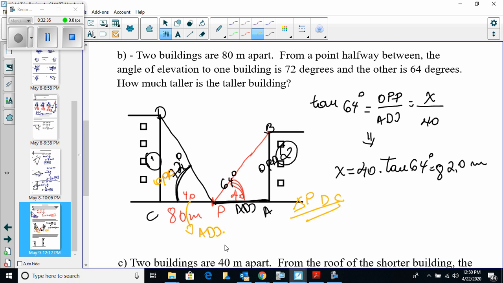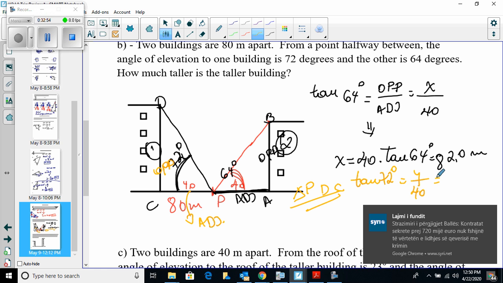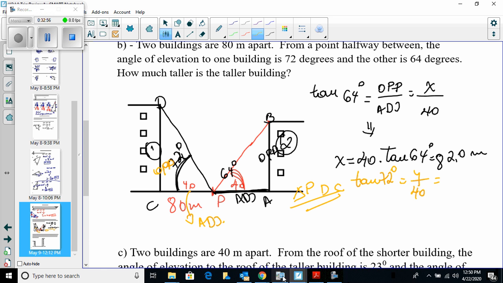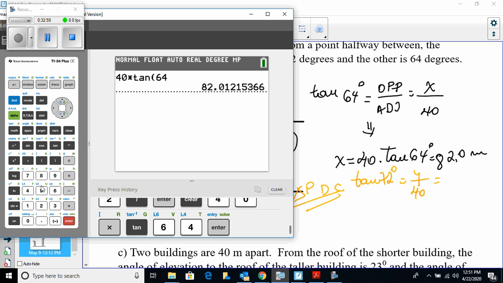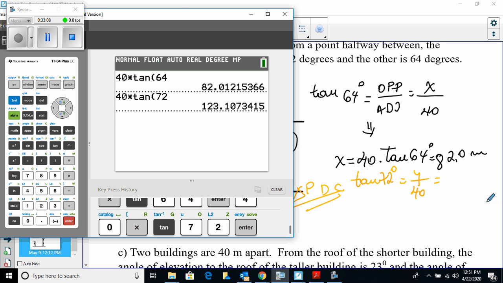The trig ratio that relates the two is again tangent. So we'll have tangent 72 degrees is equal to Y over 40, which after you use the calculator, we'll figure out that Y is 40 times tangent 72.